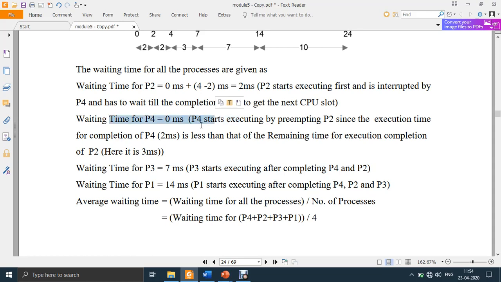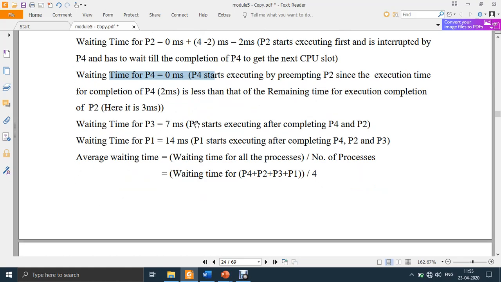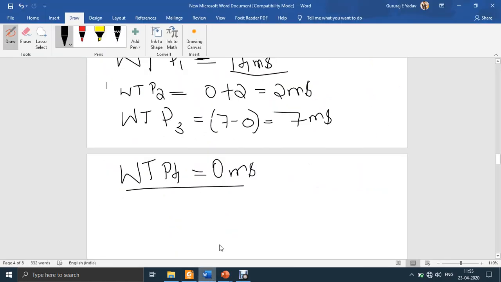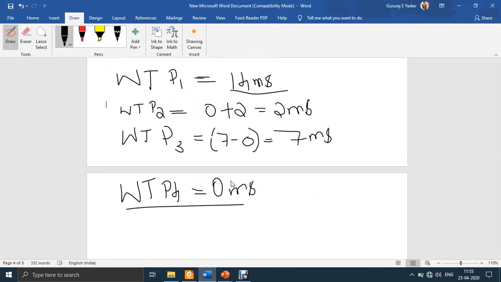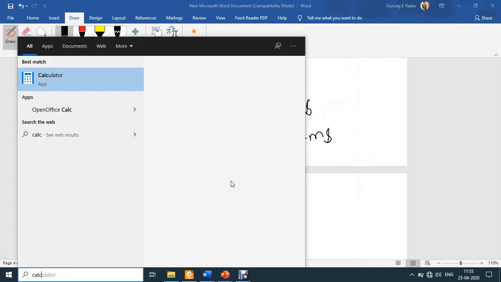Then how will you find the average waiting time? You have to take the average of all 4. So I'll open the calculator.